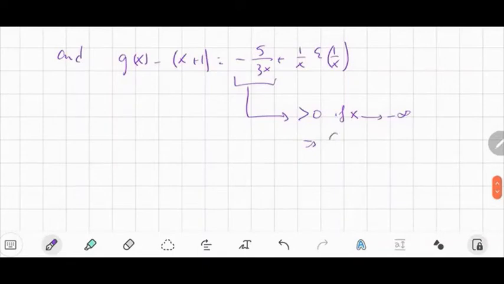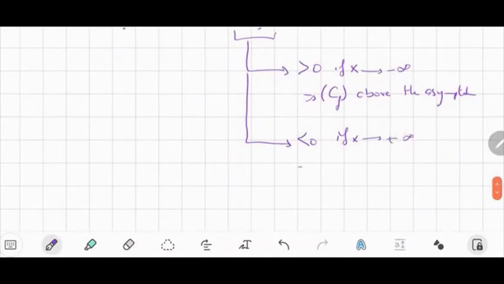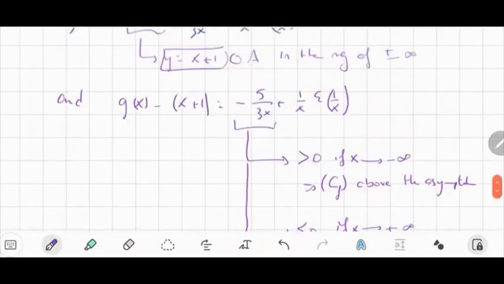Then the curve of f is above the asymptote, and it's negative if x goes to plus infinity, which means that the curve of f at plus infinity is below the asymptote. It's the same thing as if we calculate the limit, which will be 0 plus or 0 minus, to understand if it's positive or negative, or we just look at the sign and say whether it's positive or negative.